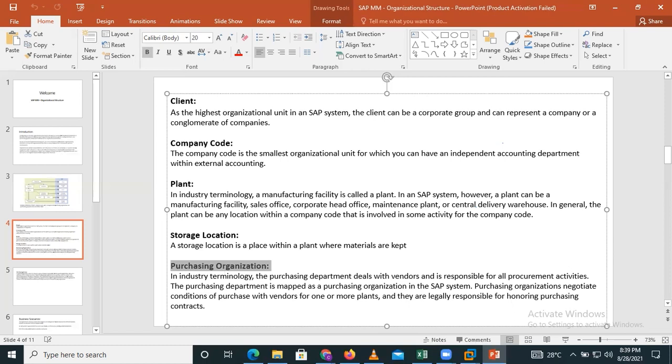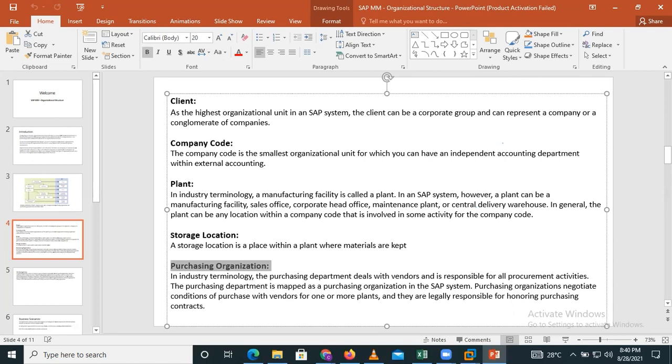So what is meant by purchasing organization? It is nothing but a purchasing department that is responsible for all purchasing activities: who needs to negotiate with the vendor, create the contracts, get the requirement from the end user, convert that requirement into purchase orders, follow up on the purchase order, and follow up on the delivery. They are responsible for the correct goods being delivered at the correct time, and also responsible for vendor payment.